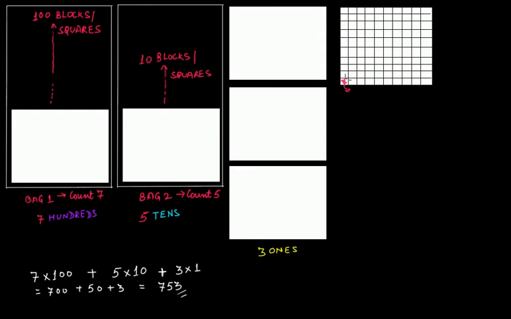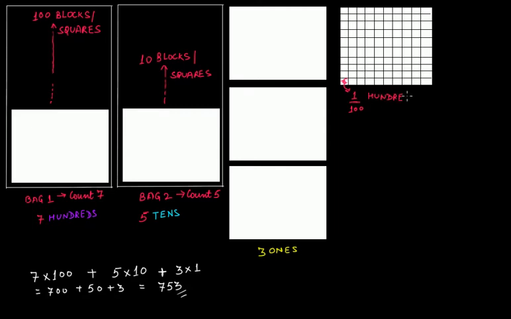what fraction will this part represent out of these 100 equal parts? Since it is one part out of 100, this is a normal concept of fraction, and this is the fraction represented by this one part, and that is hundredths.